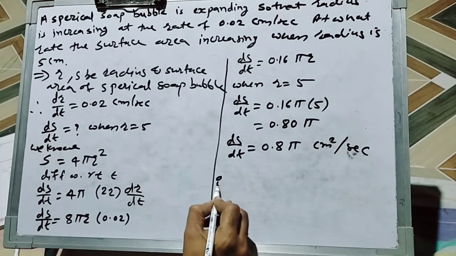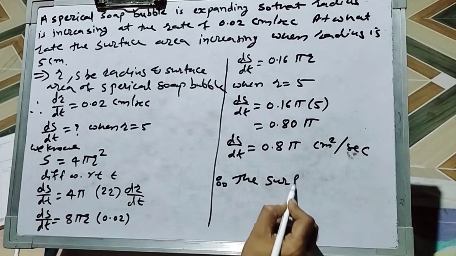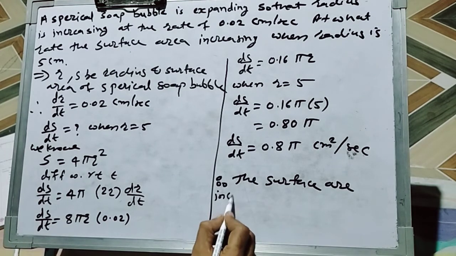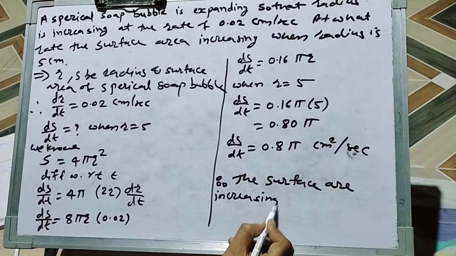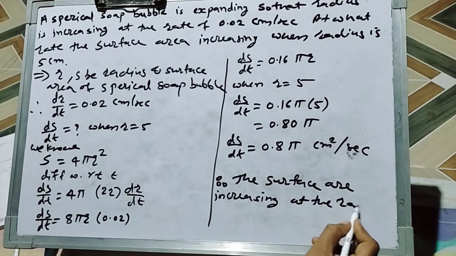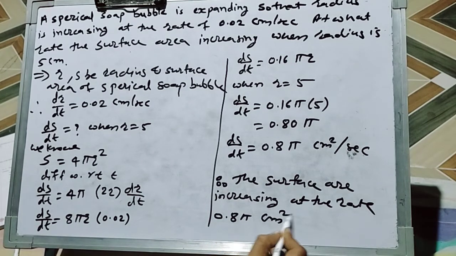So therefore, the surface area is increasing at the rate of 0.8 pi centimeter square per second whenever r is equal to 5 centimeter.